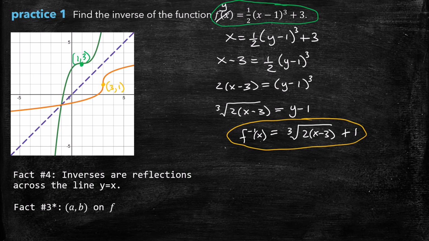So if the point A, B is on f, it follows that B, A is on the inverse function. And we saw this before, but we wrote it like this. So if f of A equals B, then, of course, f to the minus 1 of B equals A. It's just nice to see it rewritten in terms of coordinates of points.